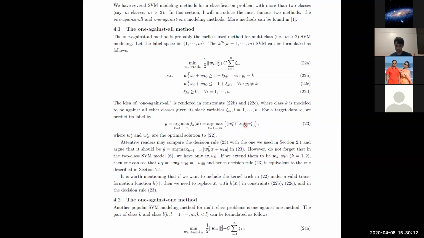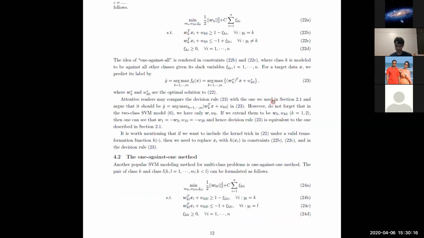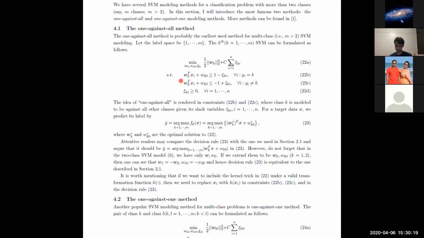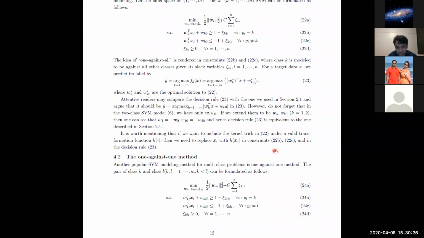Okay, so the second method is called one against one. One against all means for each class, I have a specific SVM model, and I use this one against all other classes. For the one against one model, for each pair of classes, say class K and class L, I have one model.